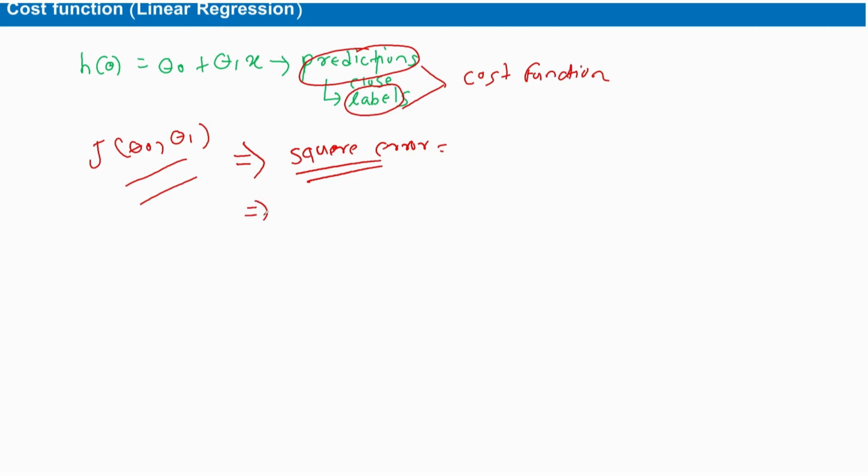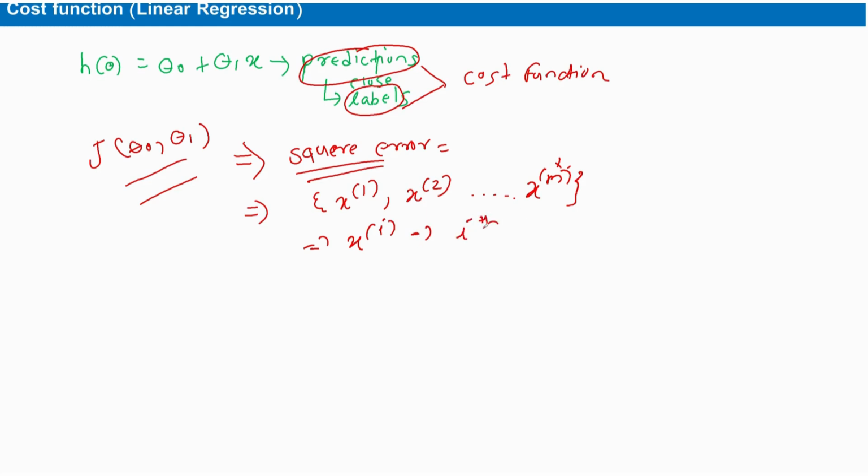In that training data you have the examples x1, x2 up to xm. Here m is nothing but the number of examples. When I say x1, it means the first example, x2 means the second example, and xi is the ith example.